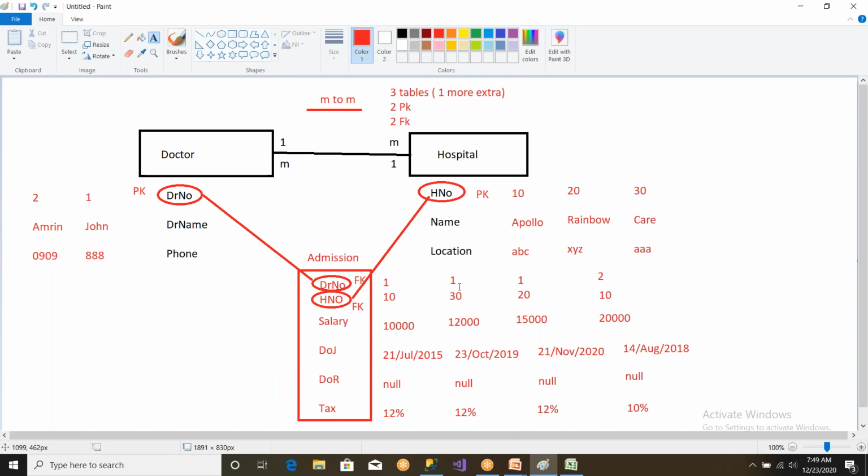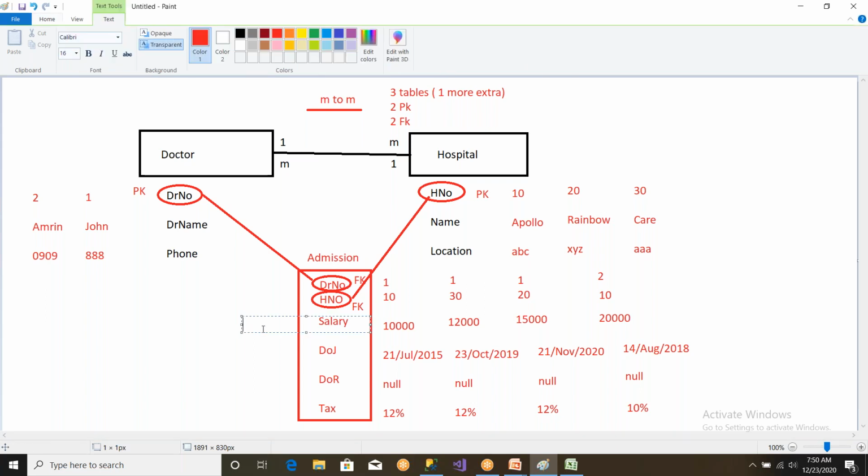Clear? Whatever the common columns are, the columns which are getting more data. So 10,000, 12,000 for the same John, same doctor is getting more data, right? So those attributes need to be separated, and you need to create one more table, give a meaningful table name, and you need to link the third table to the original tables, and this table is called a bridge table.